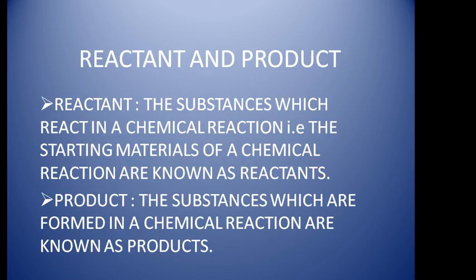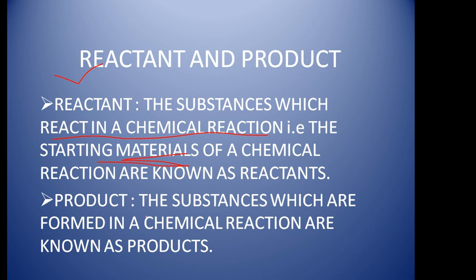So those substances which react in a chemical reaction, that is the starting materials with which we are starting the chemical reaction, these are known as reactants. Reactant means those which are reacting. Those are the starting materials of the chemical reaction.